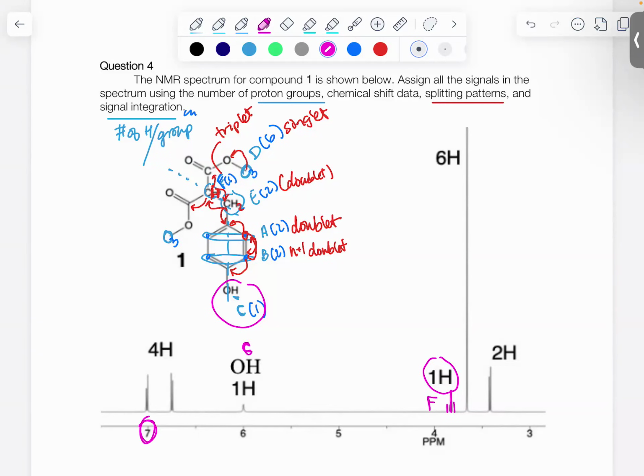Those usually have a chemical shift of about 7, and so that helps set these doublets worth 2H apart from this doublet worth 2H. And so we can label these as A and B. We know that this tall singlet has to be D because that's our only 6H group. And with process of elimination, as well as the data we have corresponding to it, we know that this is signal E.